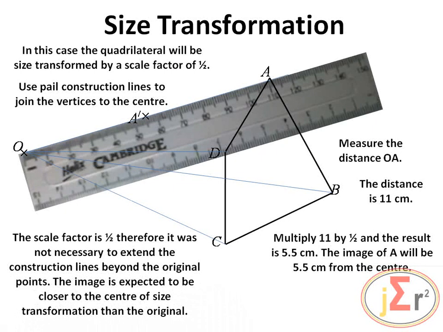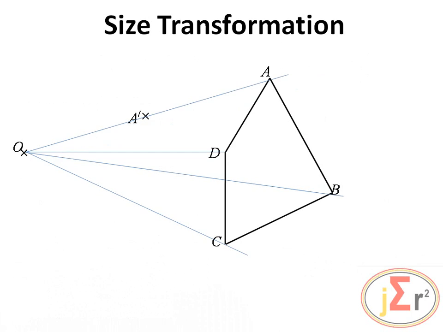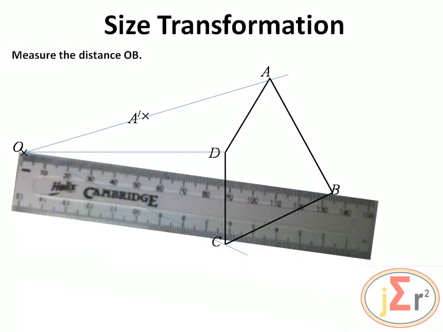The scale factor is a half, therefore it was not necessary to extend the construction lines beyond the original points. The image is expected to be closer to the center of the size transformation than the original. So measure the distance OB.